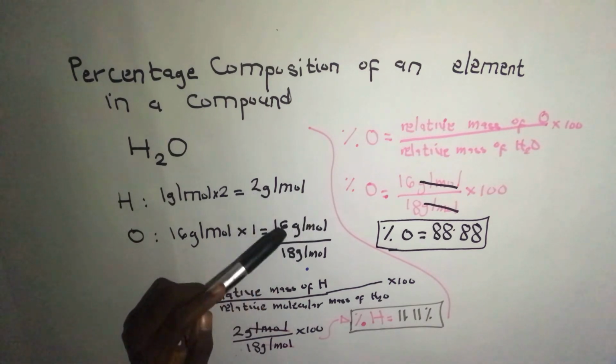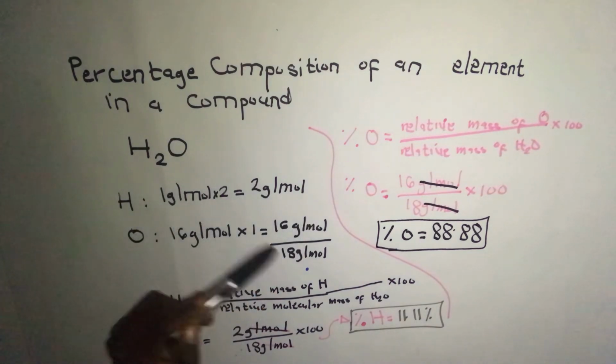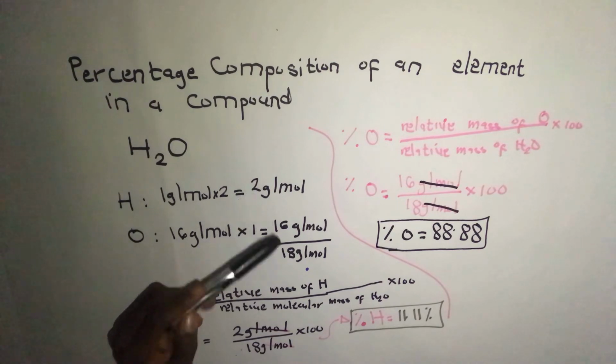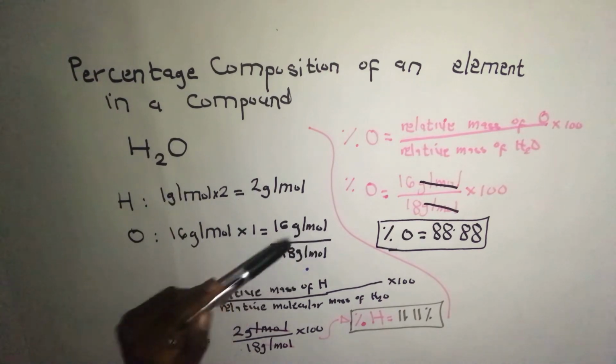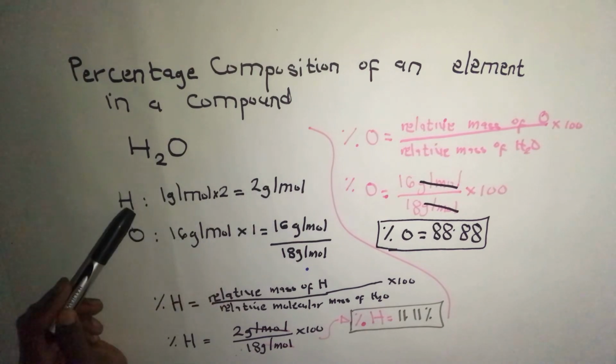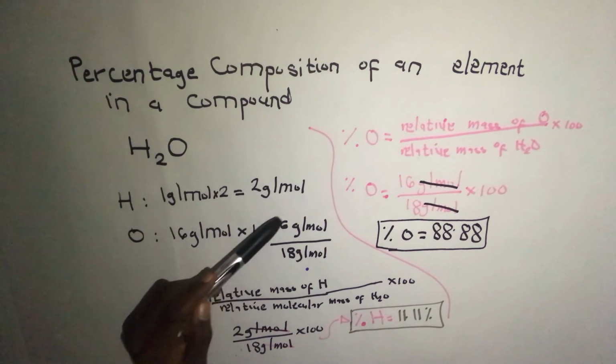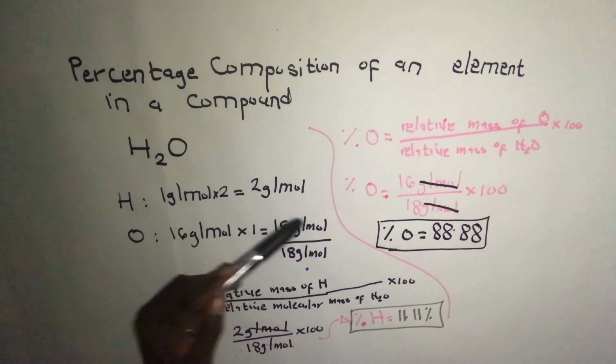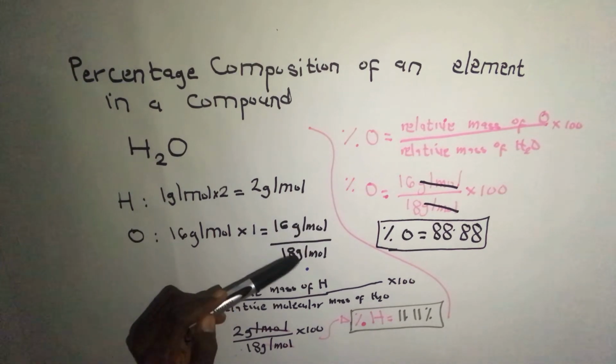To find the relative molecular mass of this compound, we take the sum of the relative atomic mass of hydrogen plus the relative atomic mass of oxygen, and that is 18 grams per mole.